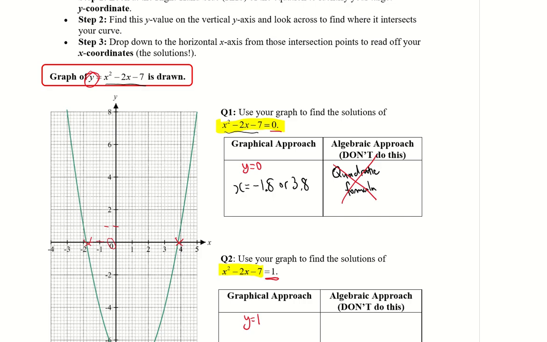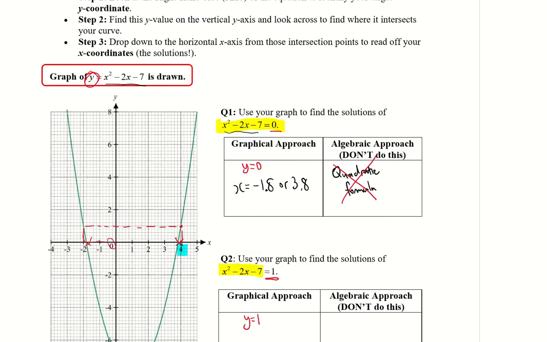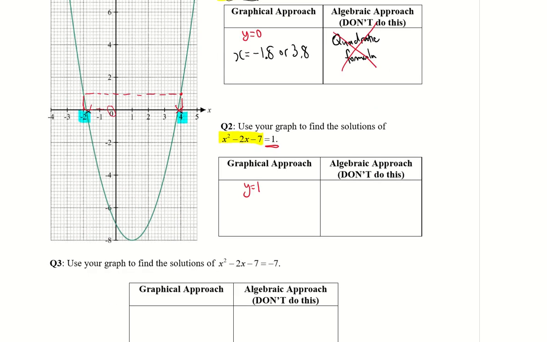I draw a dotted line and look where it touches my curve. There are 2 points. Don't just look at the left side, look at the right side also. I read off x equals 4, and here x equals -2. So I just jot this down: x equals 4 or -2.